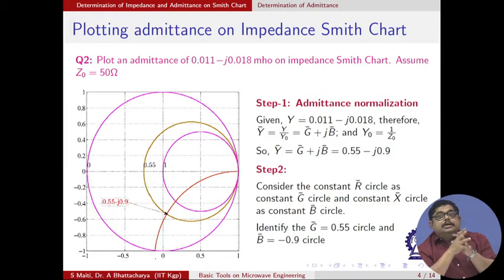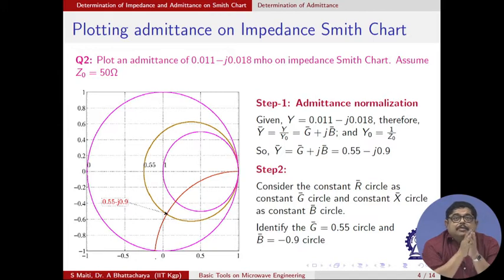The next problem: instead of impedance, suppose I have an admittance of 0.011 minus j0.018 mho. Plot it. There are two things we can do: either plot it on an impedance Smith chart or on an admittance Smith chart. Let us do both. First let us see the impedance Smith chart, then in the next problem we will plot the same thing on the admittance Smith chart.